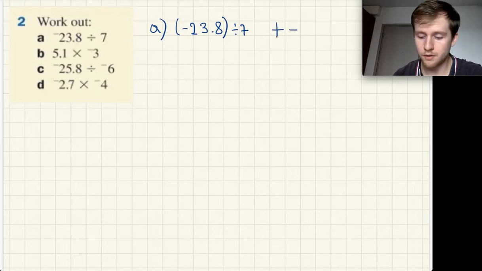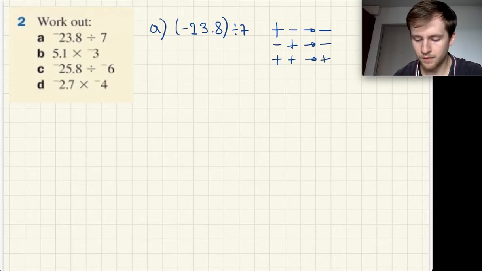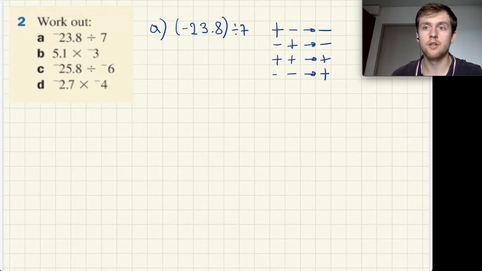Plus and minus gives you the minus. Minus and plus also gives you the minus. Plus and plus, of course, gives you the plus. And minus and minus gives you the plus, kind of surprisingly. Yeah? So anyway, minus 23.8 divided by 7.